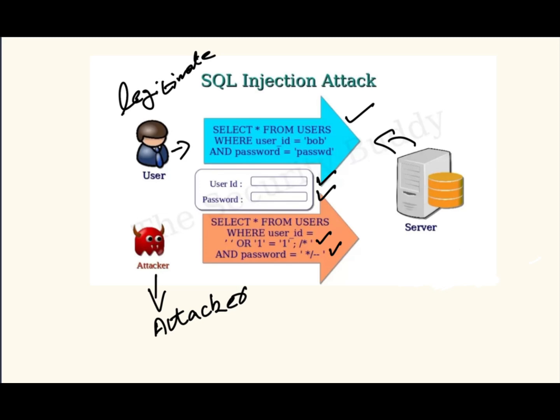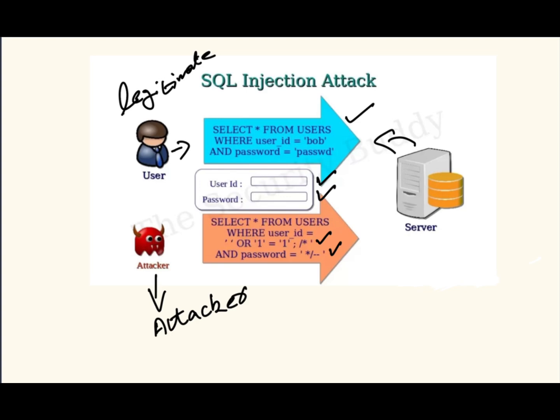I do not want to go into detail about what they mean, but I will tell you a couple of things. For instance, these quotes and empty space mean an empty username, which is ignored. And here you can see 1 is equal to 1 always evaluates to true, so all users are returned.